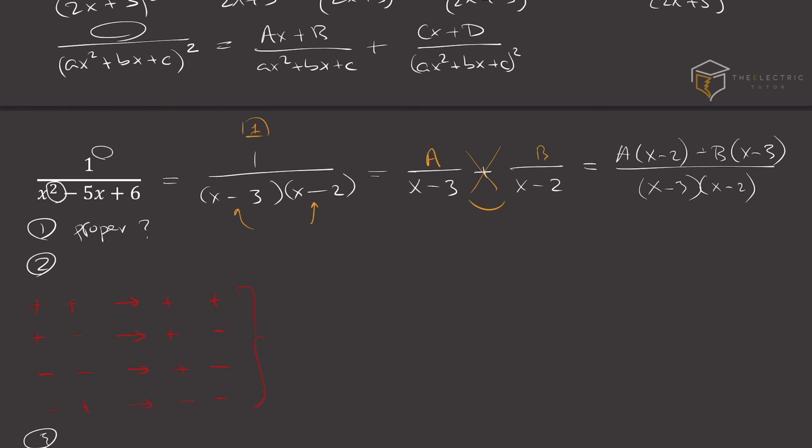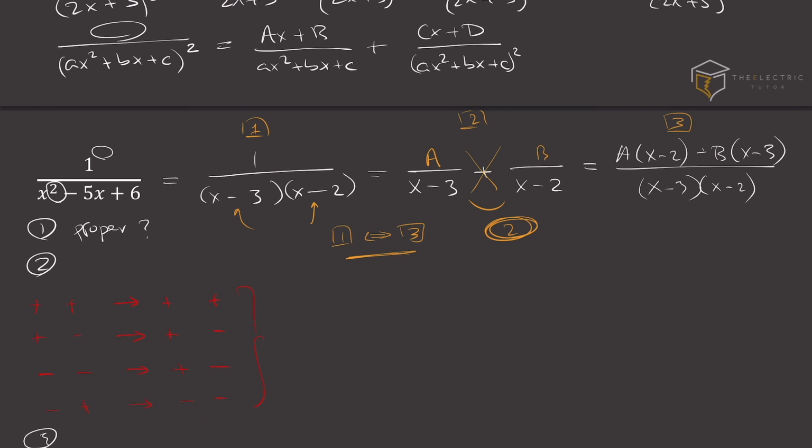Let's call this expression 1, this expression 2, and expression 3. What I always do is compare my expression 1 with my expression 3, and once I find out the missing values, I take my expression number 2 as a reference for my final result.